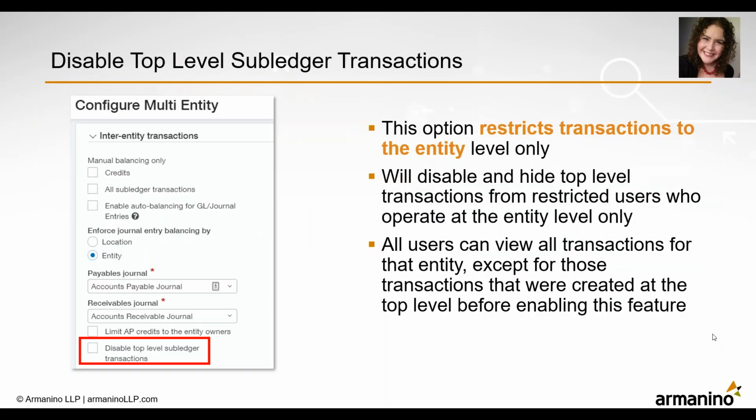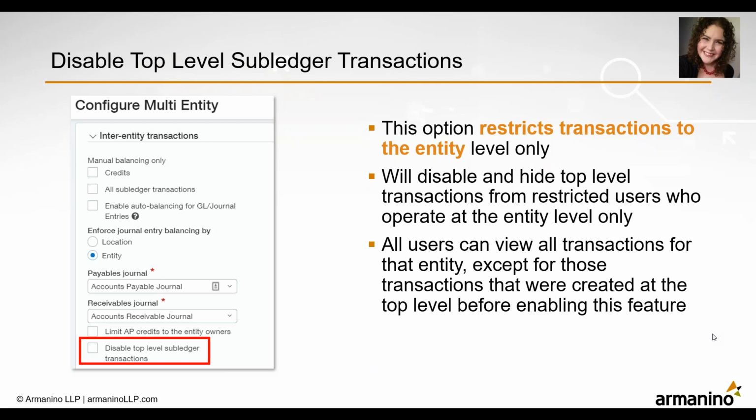The other one is disable top level sub-ledger transactions. If you were implemented by us anytime in, let's say, the last 3 or 4 years, we probably implemented a package similar to this because we recognize the need to not have the things done in your sub-module in multiple places throughout the system, necessitating 2 check runs or 2 invoice runs in order to get everything out.